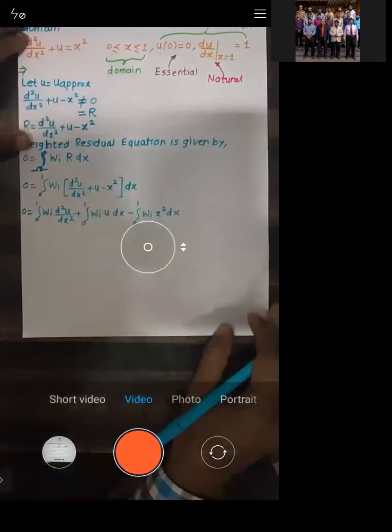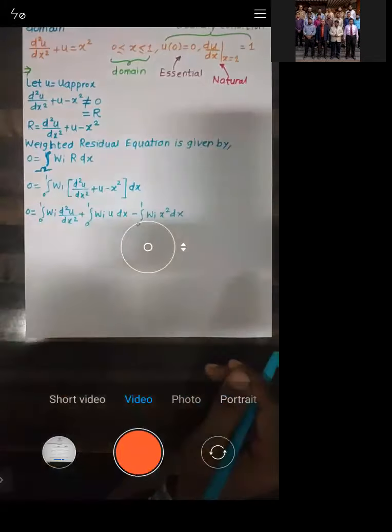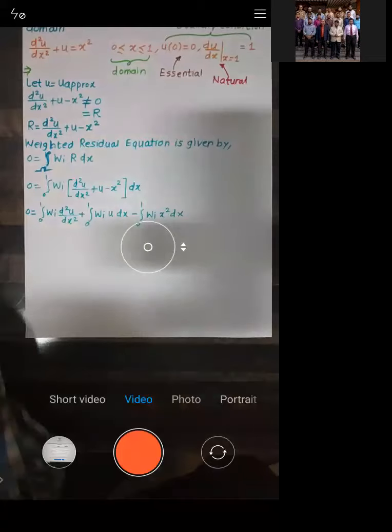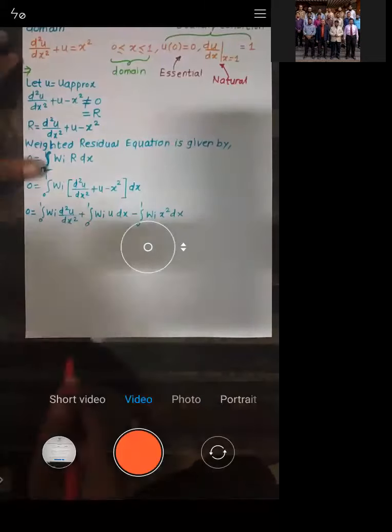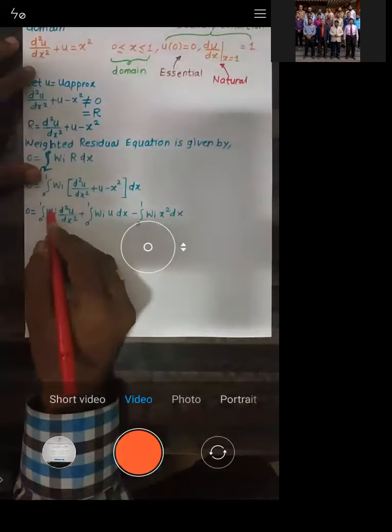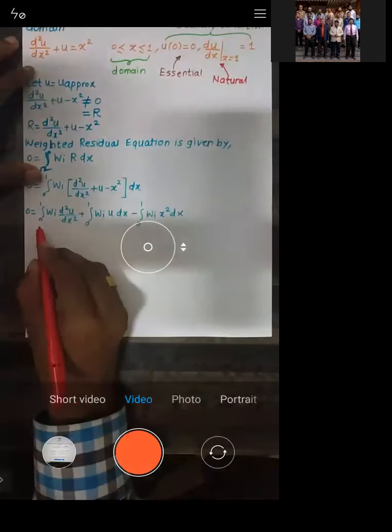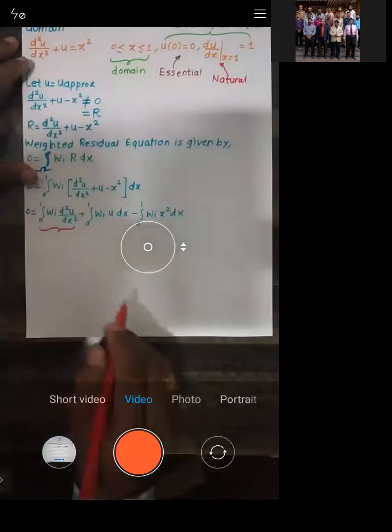I just split the bracket, nothing else. Now we are supposed to solve it. Let us integrate the first term only.